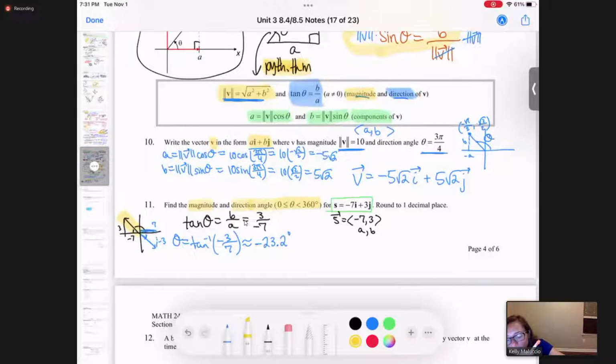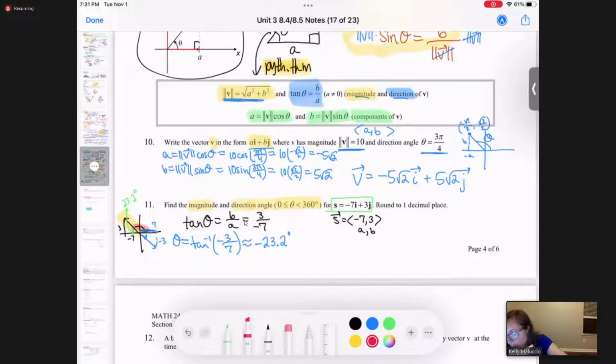What we found is this little angle here, but we want the bigger one. So we're going to do 180 minus 23.2. This means the theta in there is 23.2 degrees, but we are interested in the bigger theta starting from the x-axis, not the reference angle.